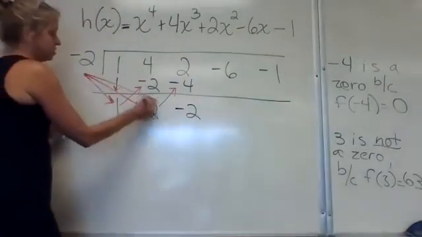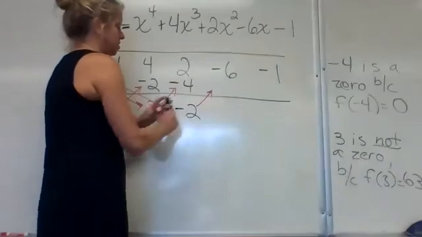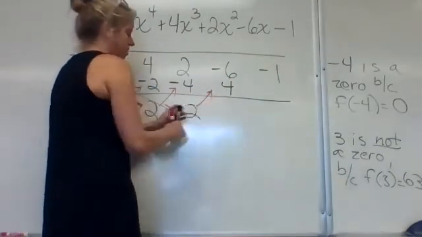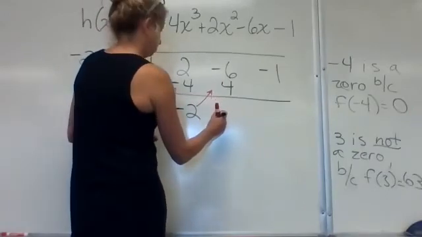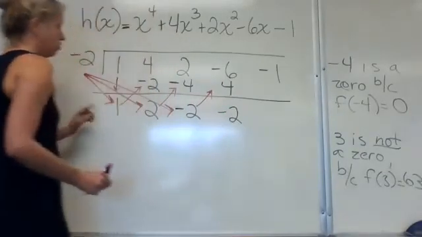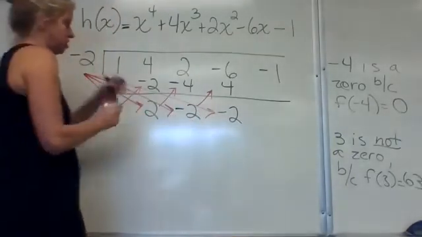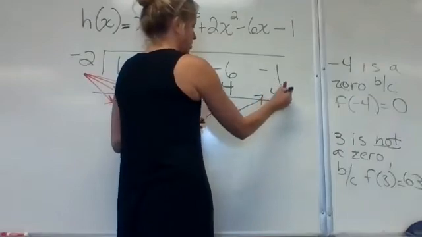And again, -2 times -2 gives me +4. -6 and 4 gives me -2. So what do I have left? I've got -2 times -2, which gives me +4.